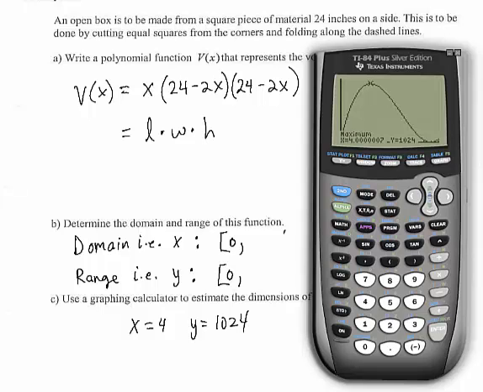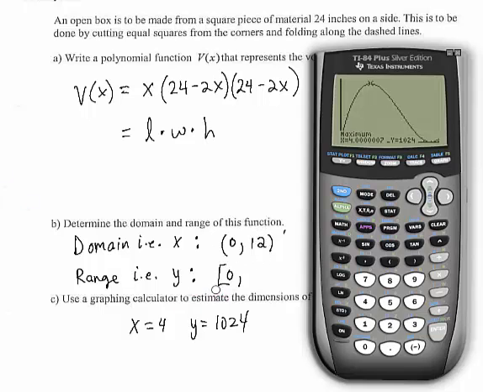So we really could go back and put a parentheses here instead of a bracket. If we don't want 0 volume, if we want some positive volume. And then if we use x equal 12, well, that's too much. With x equal 12, we get a 0 volume box again.